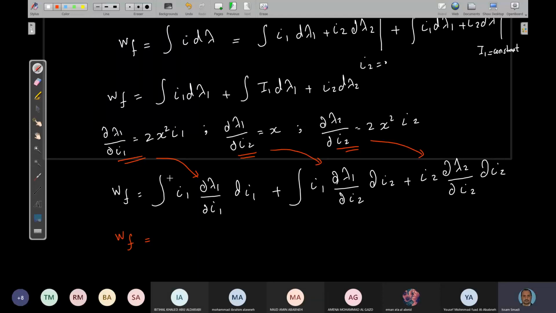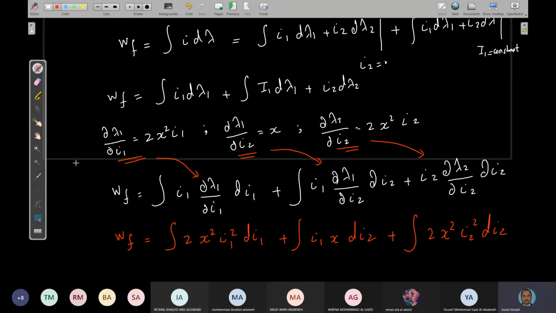So omega f will equal the integration of 2 x squared I1 squared dI1, plus the integration of I1 x dI2, plus the integration of 2 x squared I2 squared dI2.